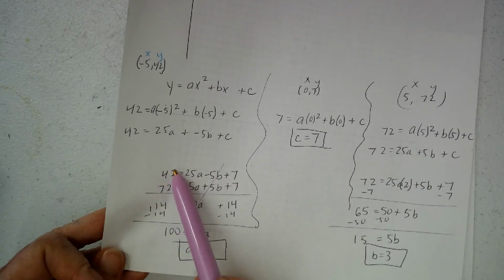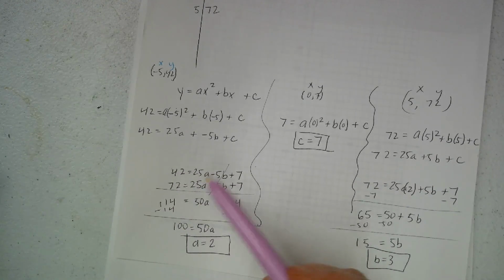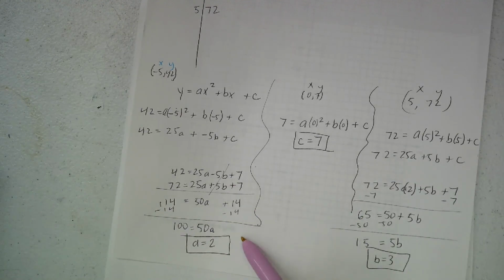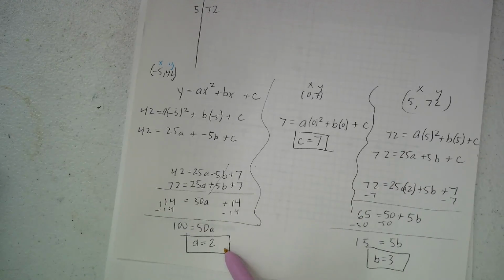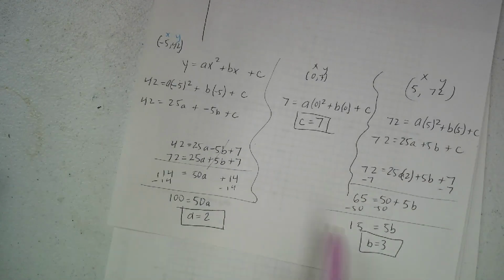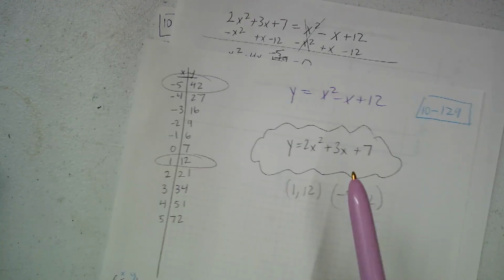I don't really care so much that you can follow this math, but if you're interested in how to get the equation, I did elimination. I found out what A was. Then I plugged the A was 2 and the C was 7, so I plugged in A to find A and C to find B, and I found out what A and B and C were, and so that gives me this equation.